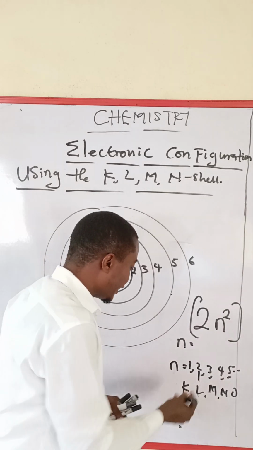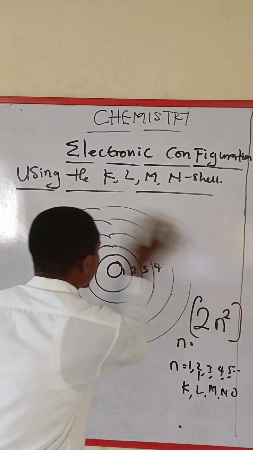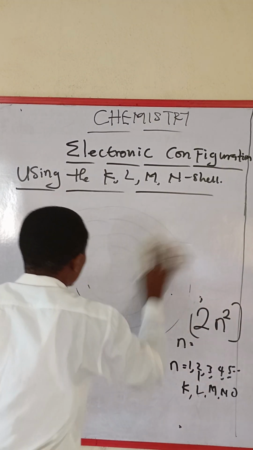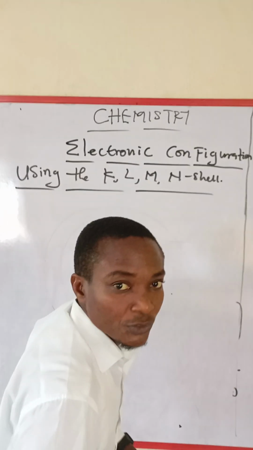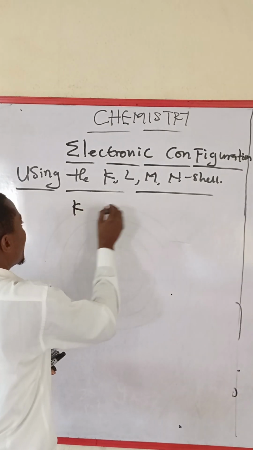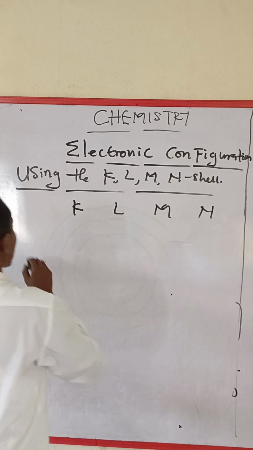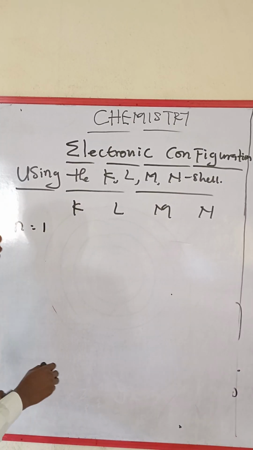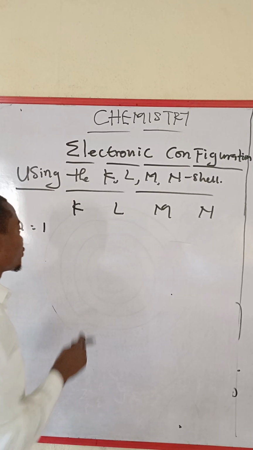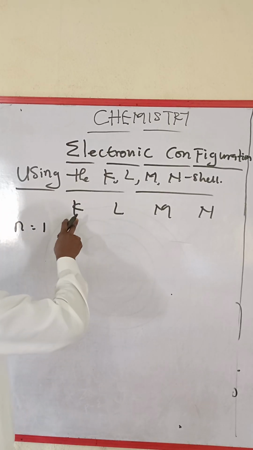So we have the K, the L, the M, the N. When n is equal to 1, what is the possible number of electrons we are going to get? Remember, this is the first energy level, which is the K shell.